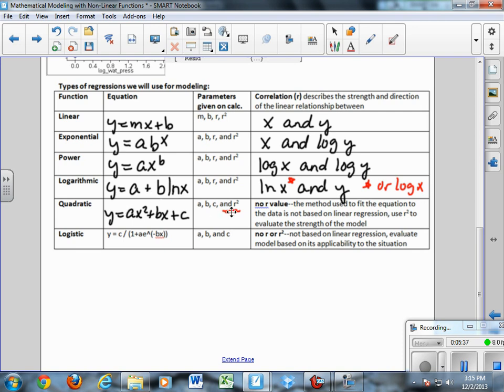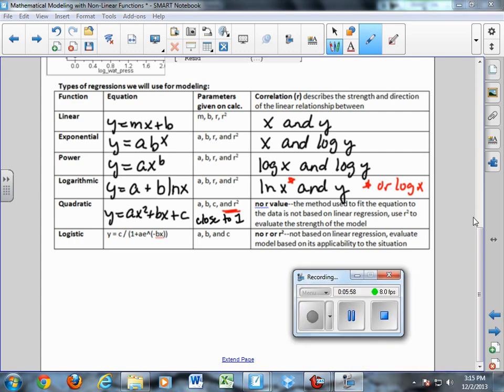Quadratic does not have an R value because it cannot be linearized. R squared, however, is considered a good fit if R squared is close to 1. Logistic does not have R or R squared. It's a specialty function that you have to evaluate based on the context of the problem.